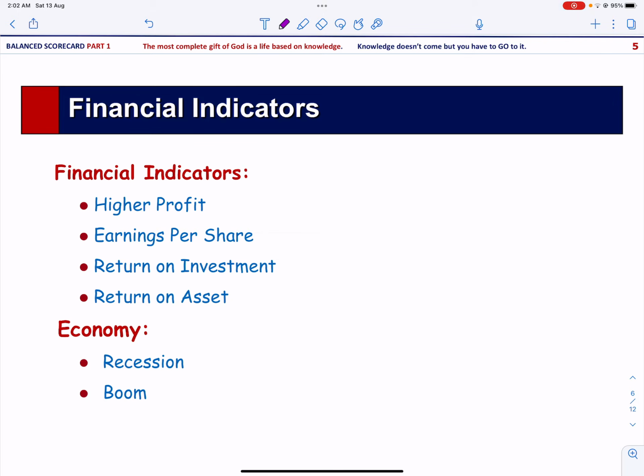It can be the other way too. If the economy is doing well, the company may be performing well despite the fact that the managers are not good managers. So there are limitations of financial indicators.